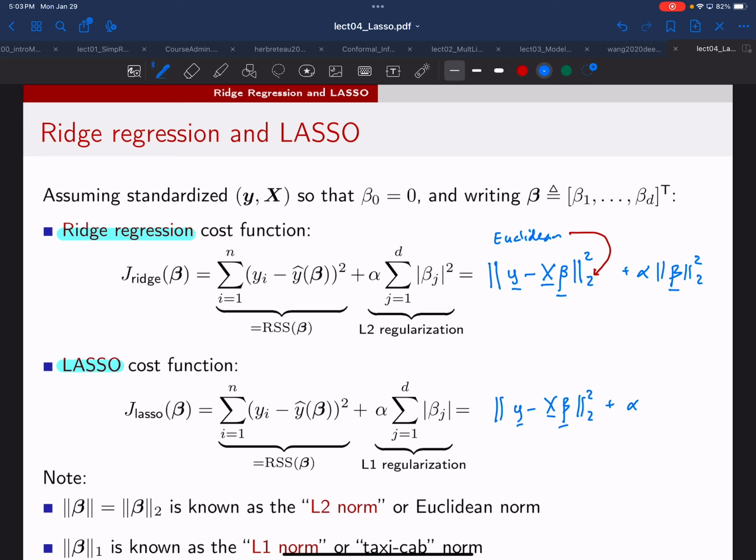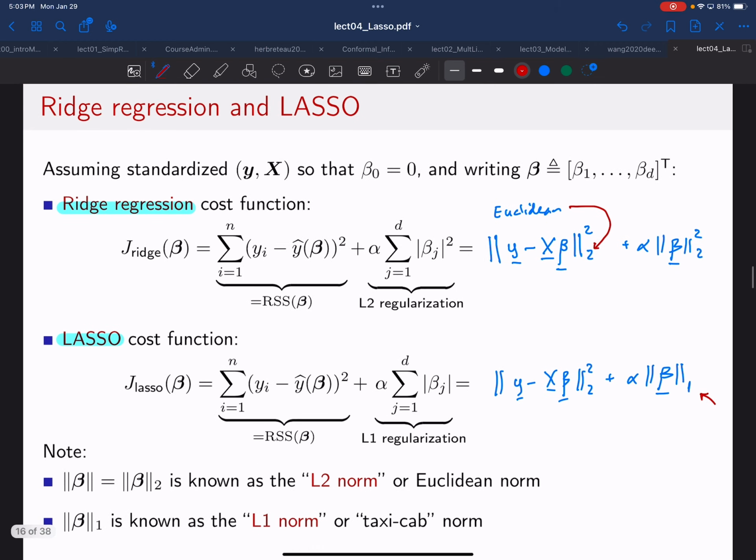The second term, we can also write as a norm, but now we have to put a little 1 there to tell us that this is the 1 norm. And so that's the concise way to write these. So we have the two norm or Euclidean norm, and we have the 1 norm or the taxi cab norm.